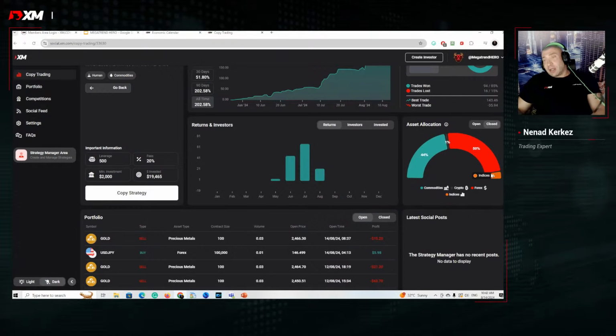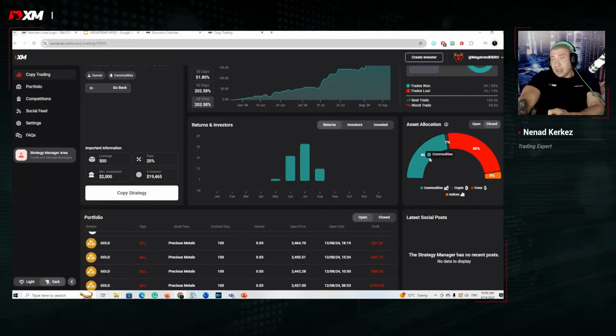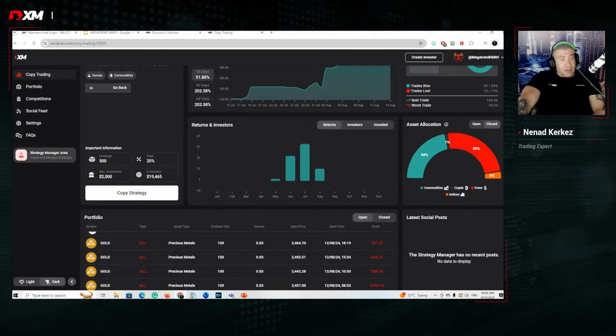I trade forex, gold, and crypto, and this is the strategy that I would invest in, because it has forex, gold probably, because I see a lot of gold trades, which is a commodity, and also a few cryptos here and there. For me, this is good, really. I would stay away from the majority of indices trading, because in the long run, it's not that profitable. Forex, crypto, gold. This is the strategy that I would invest in.